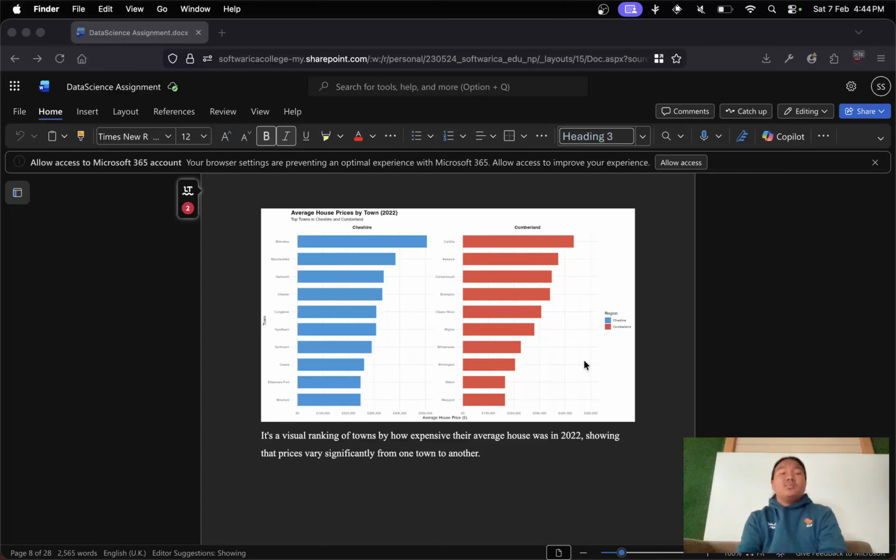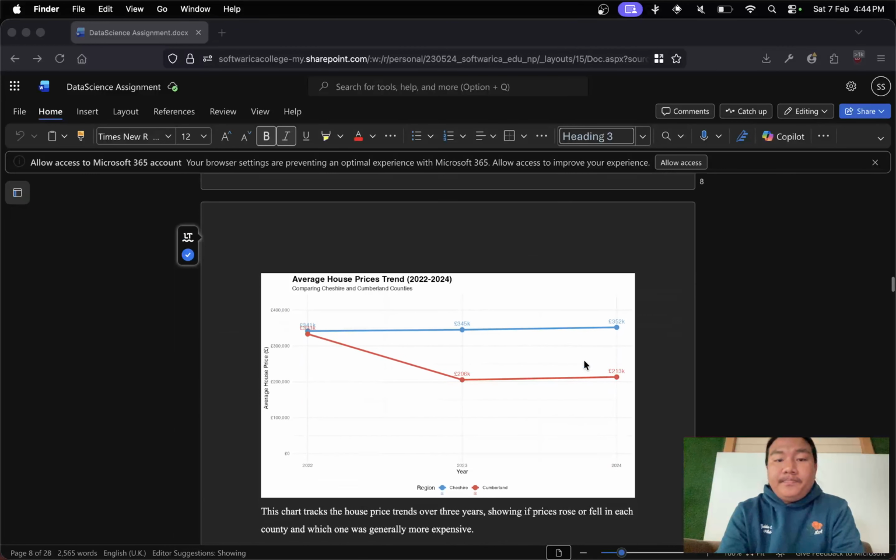It's a visual ranking of towns by how expensive their average house was in 2022, showing that prices vary significantly from one town to another.